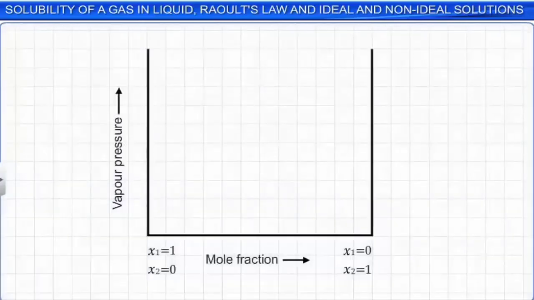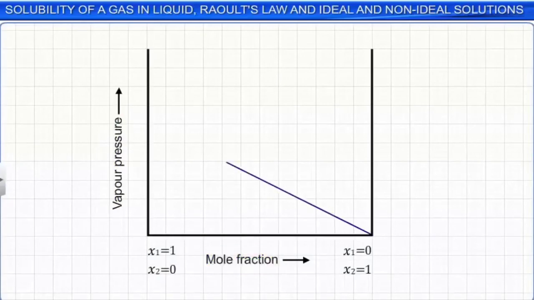If a graph is plotted for the partial vapor pressure of the first component against the mole fraction, corresponding to the equation P1 is equal to x1 P1 naught, then a plot as shown here is obtained.